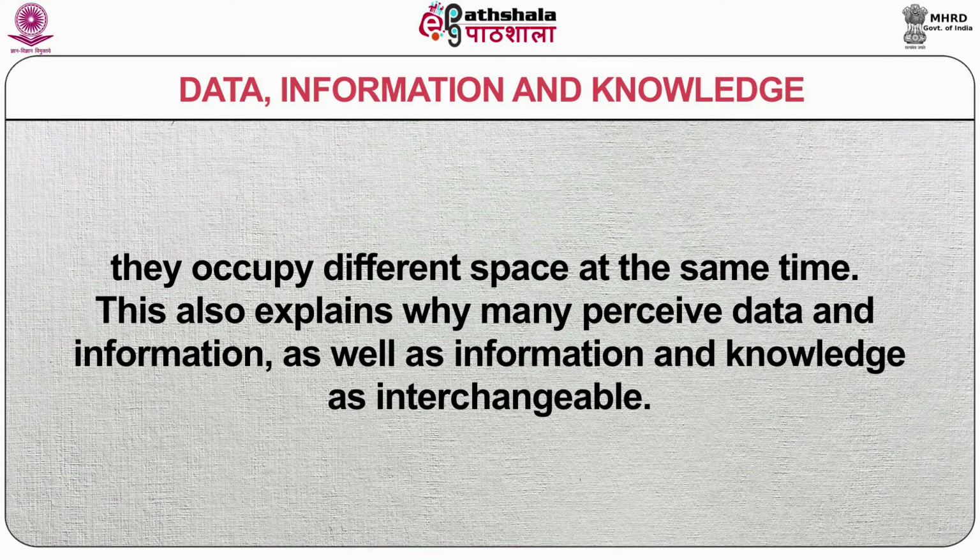So we can say that the overlap between data and information, or information and knowledge, becomes very obvious. That is, they occupy different space at the same time, and it also explains why many perceive data and information, as well as information and knowledge, as interchangeable.